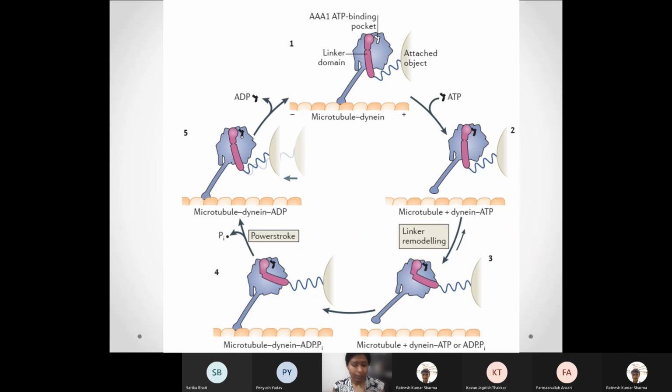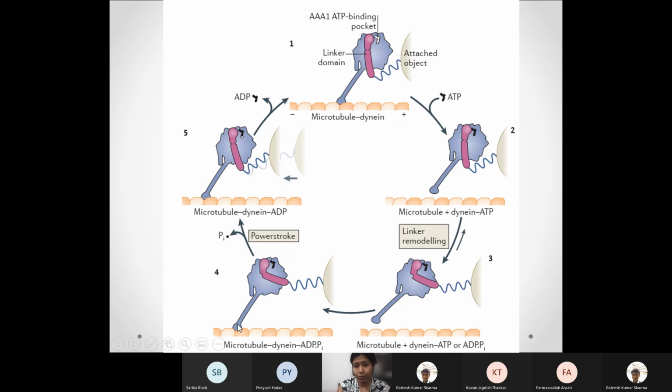Because this study is going to show you a few things. One is that this whole cycle of how the power stroke is generated in a dynein and what function ATP has in this whole thing. So you see, ATP associated dyneins, if you hydrolyze ATP to ADP plus Pi, that is a state where it can bind to actin.